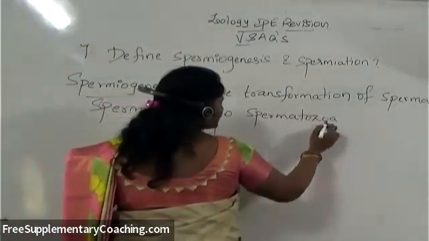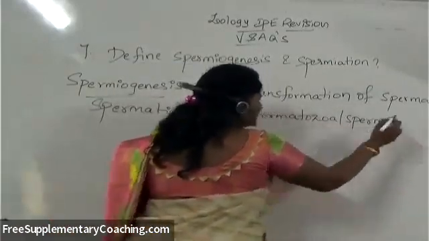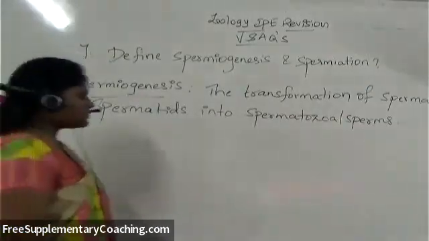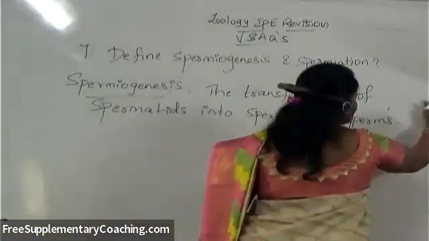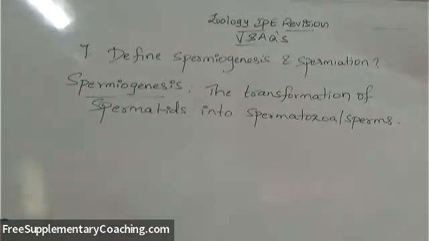That means whatever sperms are getting formed from the spermatids is called spermiogenesis. During spermatogenesis, first the sperms are formed in the form of spermatids.